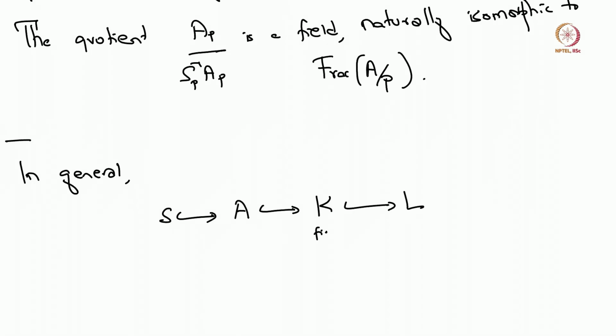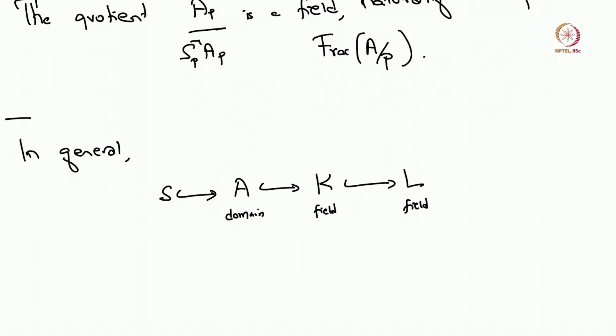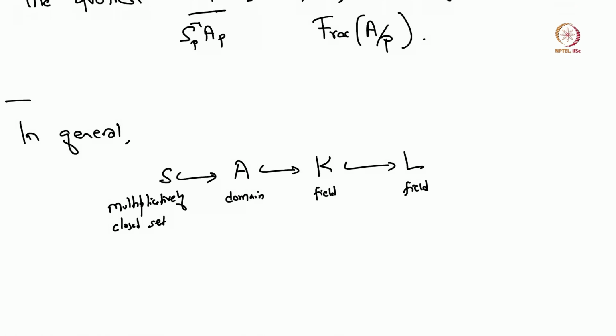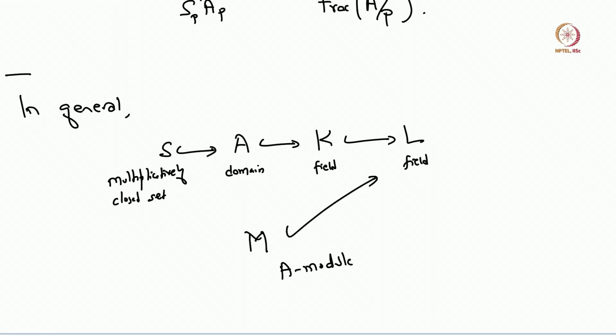So K is a field, L is a field, A is a domain, and S is a multiplicatively closed set. And maybe inside L, you have another A module. So this is a setup that we've seen. It could be inside K, or it could be inside some larger field.